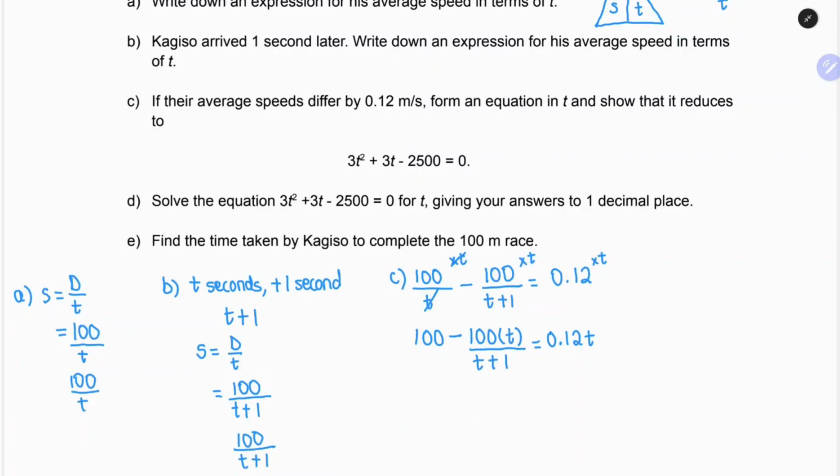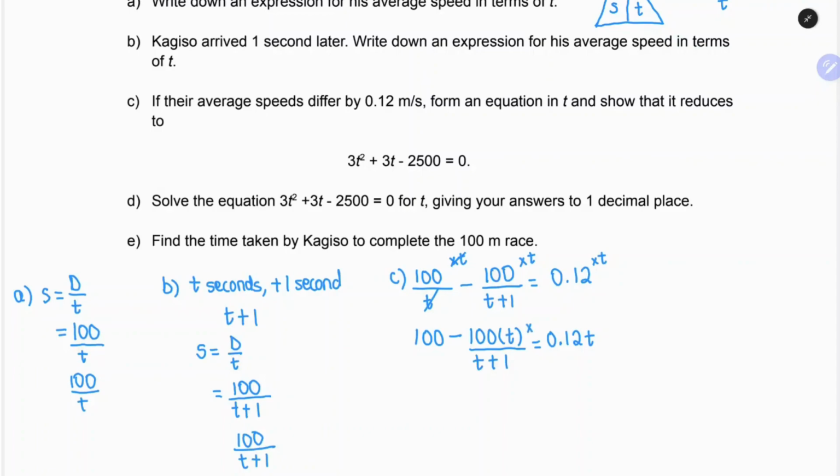A t plus 1 cannot cancel out a times t because it is not the same thing, and the t's are not going to cancel out. That is not proper. So make sure you don't make the error of cancelling this t and then cancelling the times t. No, that is not how it works. So you would have that.